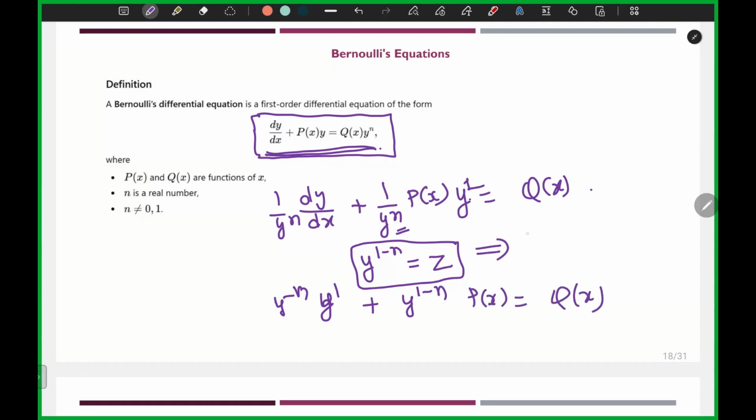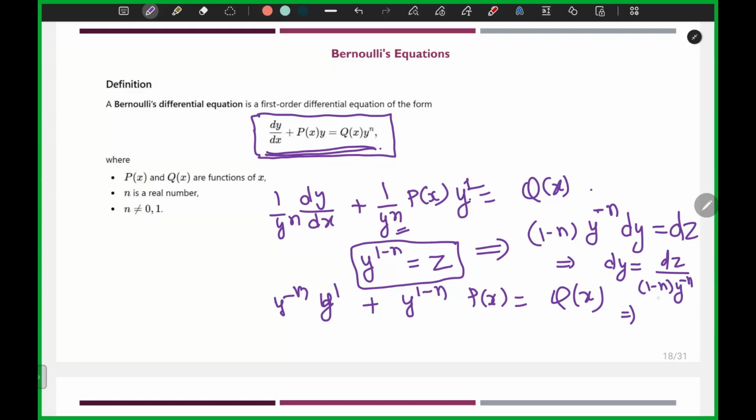So what comes here? 1 minus n y to the power minus n dy is equal to dz, right? So you can put dy equals dz divided by 1 minus n y to the power minus n. That is nothing but... tell me what we do next.